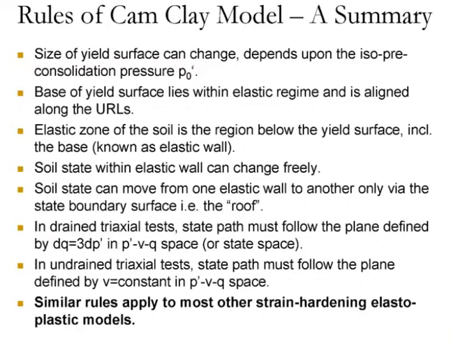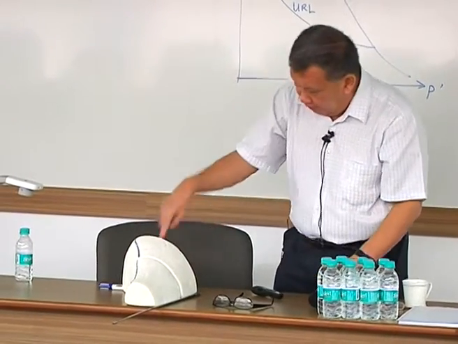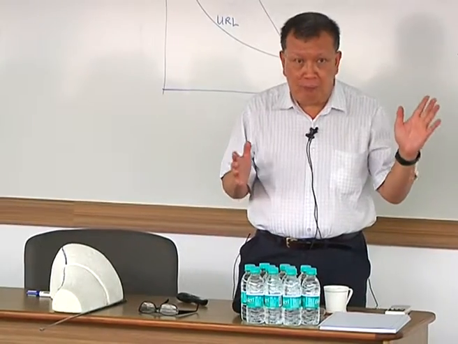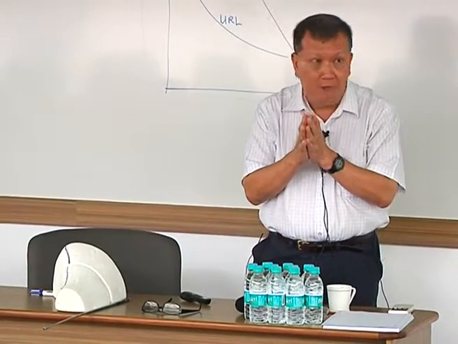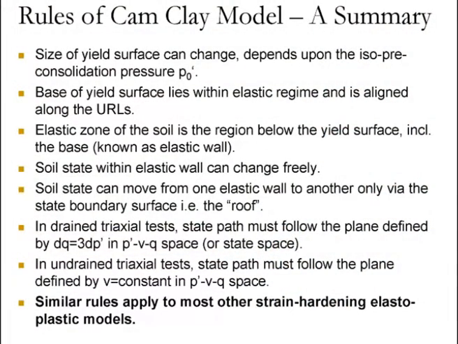This is the v-axis, this is the q-axis, and the p-axis. Agree? Okay. Now, when we talk about the drained stress path, we are talking about dq equals 3 times dp, or dq over dp prime equals 3.